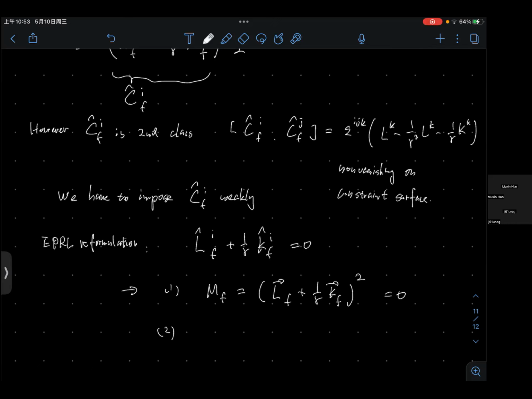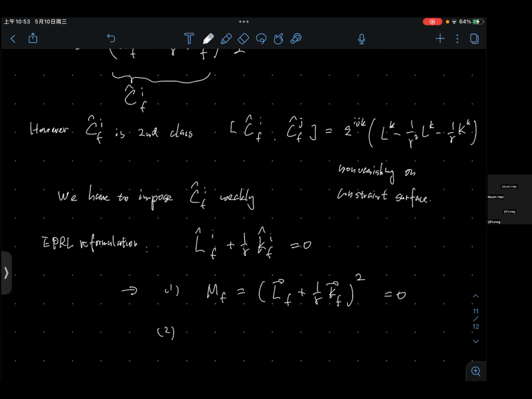But quantum mechanically, you could consider that this will be enough, right? We have the master constraint, we impose it on the Hilbert space, we get a solution, finish. But it turns out that this is too weak. If you only have this master constraint, you will get a solution space that is too large.